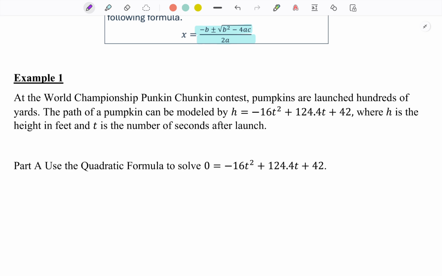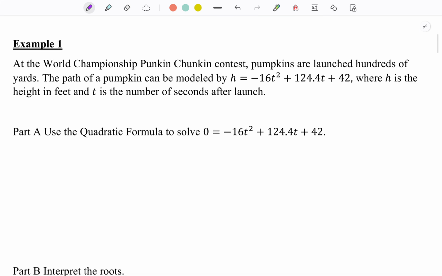So at the World Championship Pumpkin Chunking Contest, pumpkins are launched hundreds of yards. The path of a pumpkin can be modeled by h equals negative 16t squared plus 124.4t plus 42, where h is the height in feet and t is the number of seconds after launch.